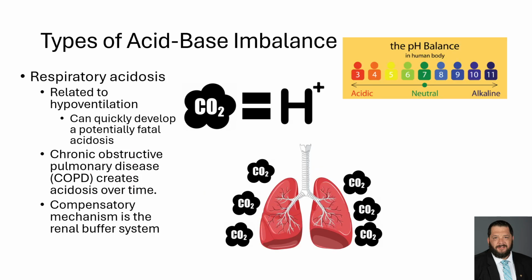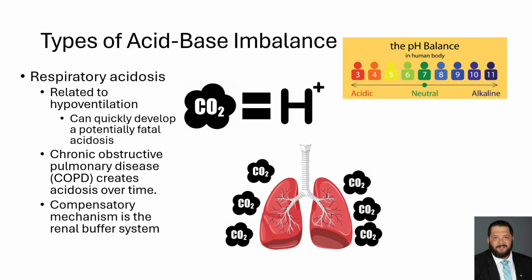Let's talk about some of the types of acid-base imbalances. The first one that we'll look at is a state of respiratory acidosis. One thing that you should keep in mind when we talk about states of respiratory acidosis or alkalosis, and we'll look at this again when we get into the respiratory emergencies: CO2, when it's dissolved in solution, and our blood is a solution, is essentially acidic.